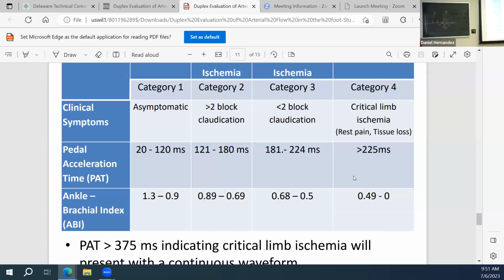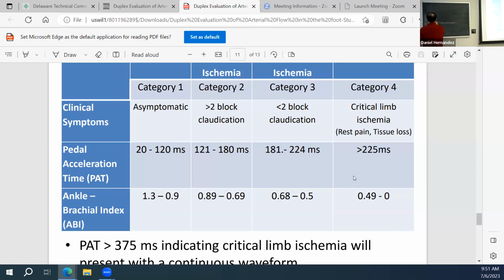So if we go back to our term tardus parvus, we said the tardus parvus waveforms happen after a stenosis or blockage. They represent people that have peripheral arterial disease.